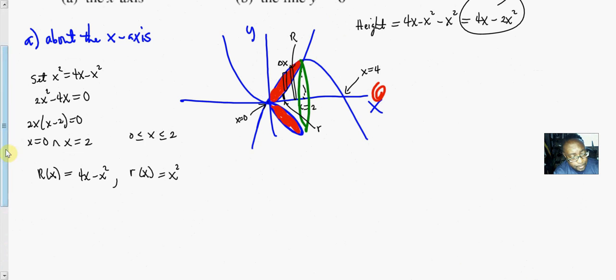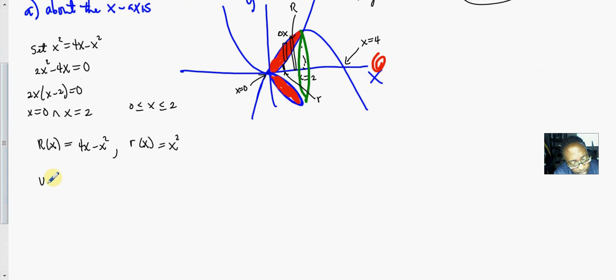But anyway, let's continue. So the volume is pi times, we have the limits of integration from 0 to 2, and we need capital R of x there.